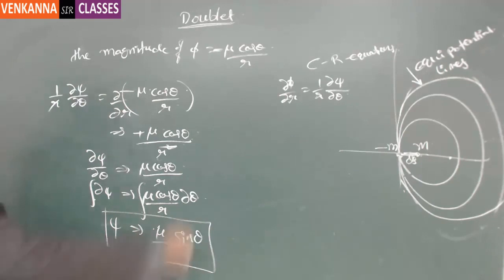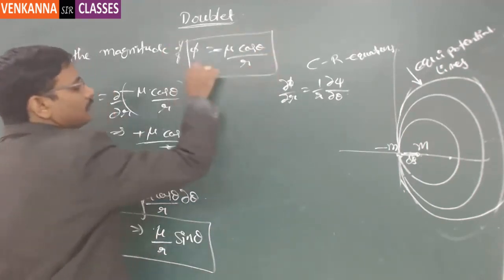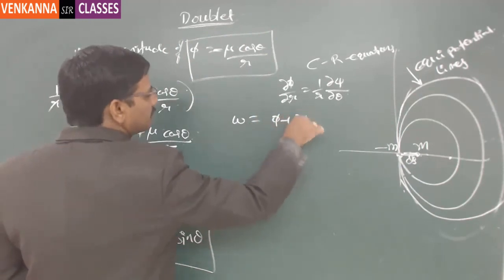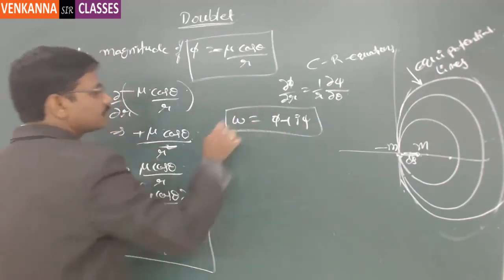So this is phi and this is psi. The complex potential W will be phi plus i psi. This is the complex potential.